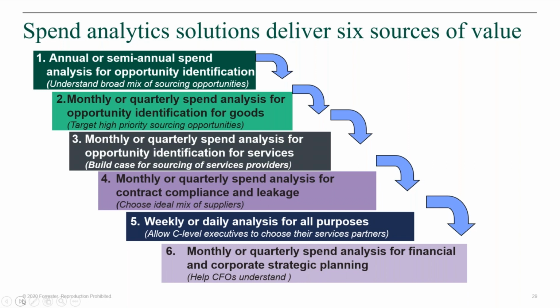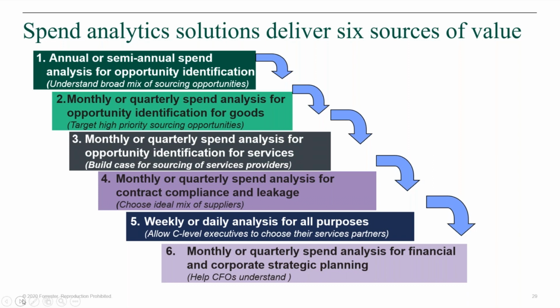Starting point for every company is typically running the analytics on either an annual or semi-annual basis to get started to identify your sourcing opportunities. What you're buying, who you're buying it from, where do we have spend categories that are scattered among many suppliers? Because that's where your best savings opportunities are.